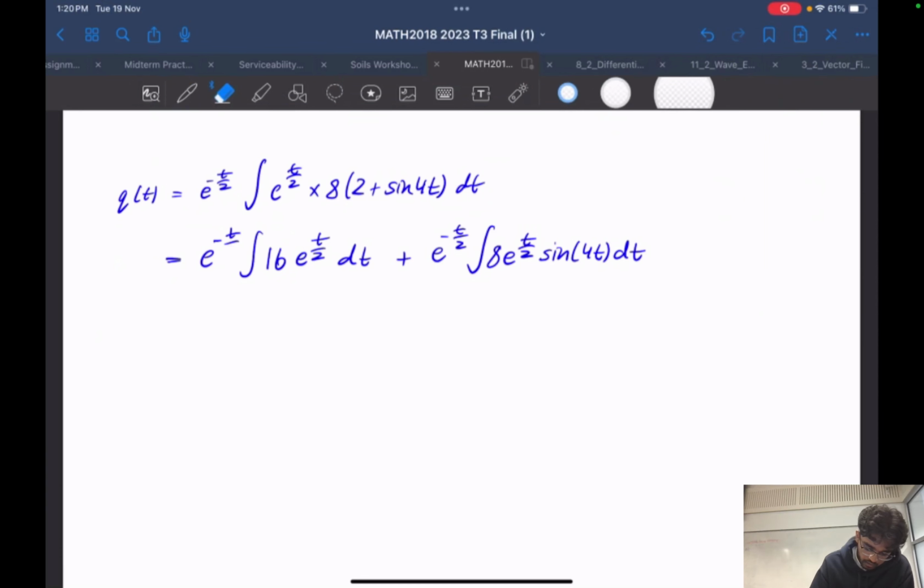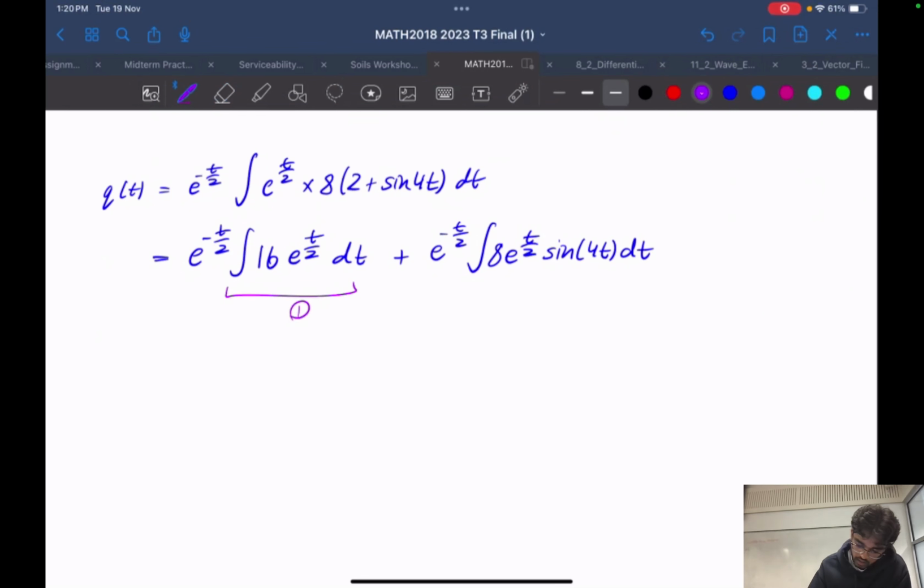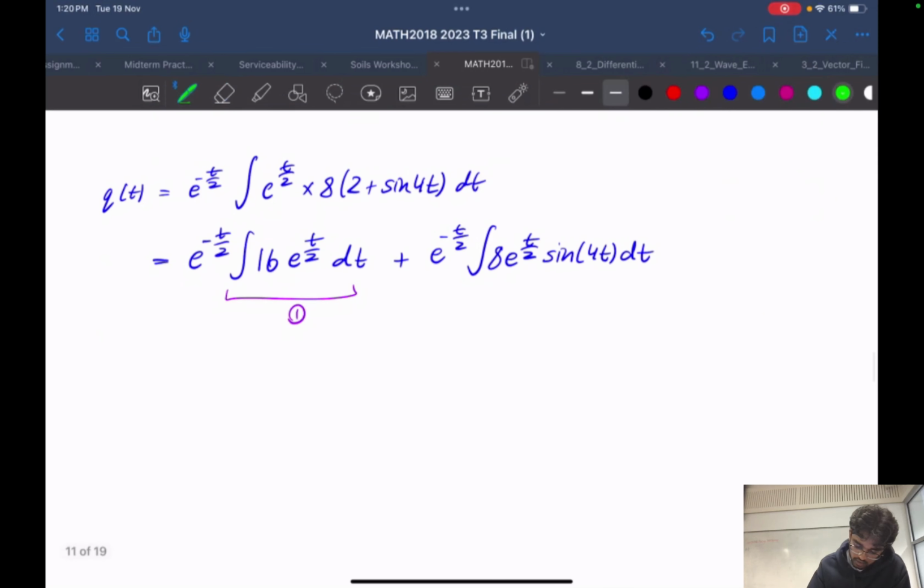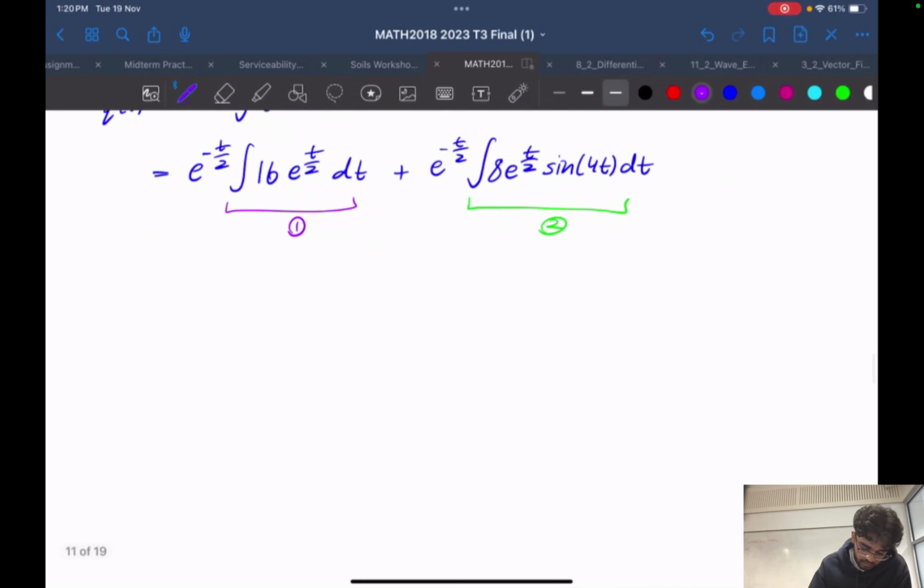I want to do this one by one as I did earlier. So this integral I'll say 1, and this one I'll say 2. 1 is actually pretty simple.